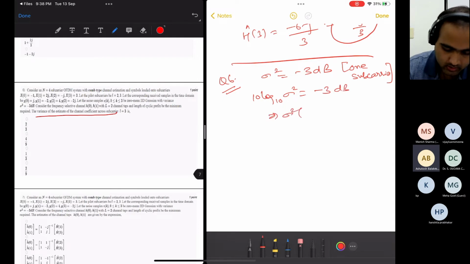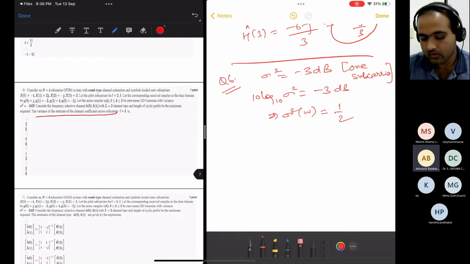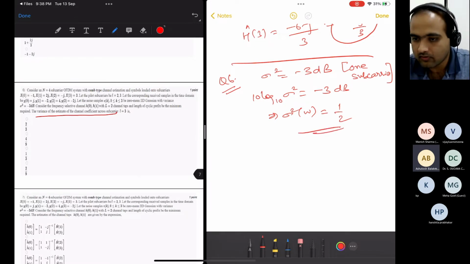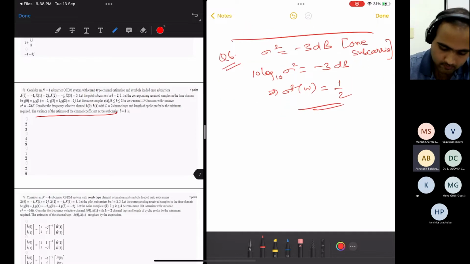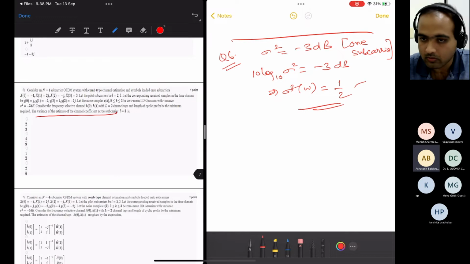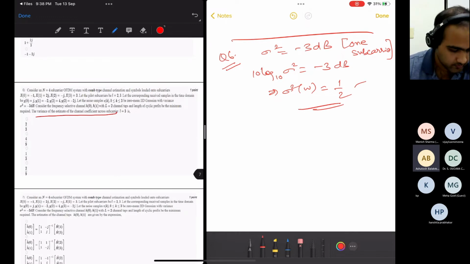So sigma square in watts will be approximately half. I was seeing in the forum that people have replied that NPTEL provides a virtual calculator when you will be giving exams. In the last class, someone had asked if a calculator is allowed. So yes, a virtual calculator is present.